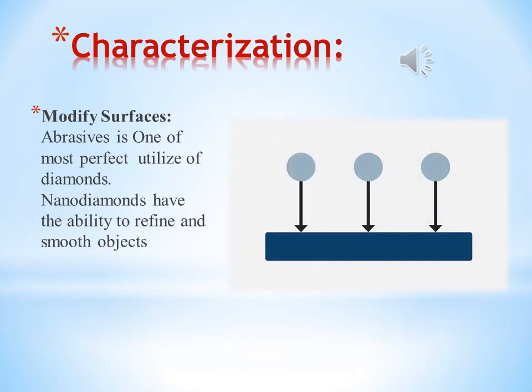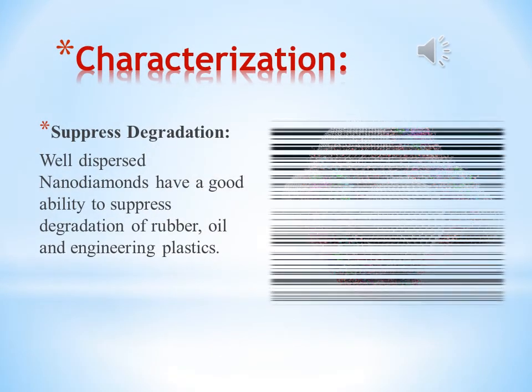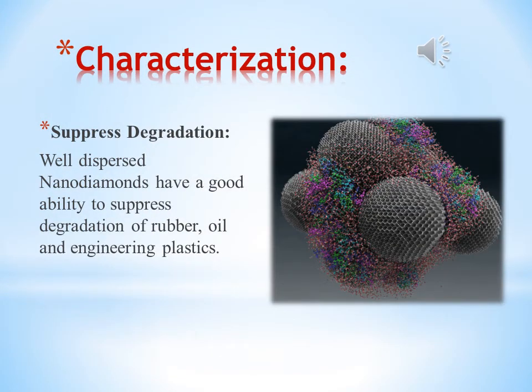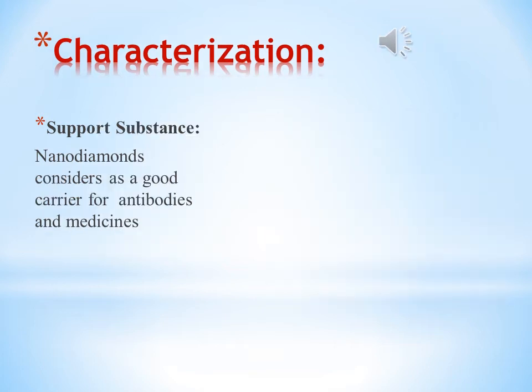Modifying surface is a good use of nanodiamonds too, because nanodiamonds have a good ability to refine and smooth objects at will. Now, suppress degradation. Nanodiamonds have a good ability to suppress degradation of rubbers, oil, and a lot of engineering plastics. So, adding this material solves a lot of problems.